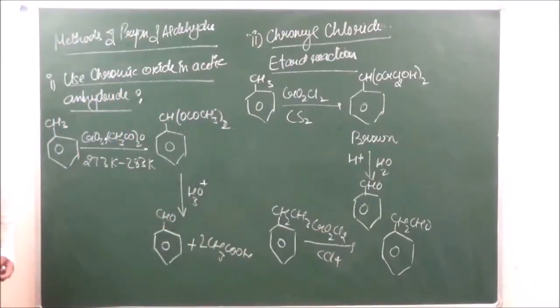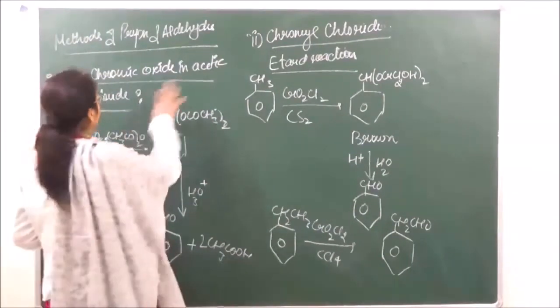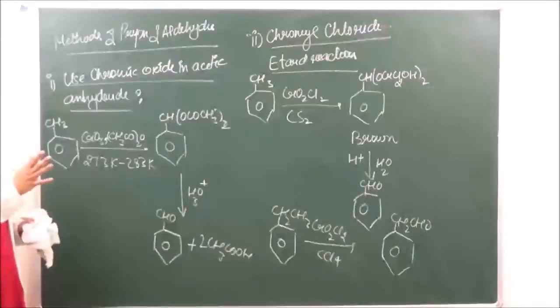Then we have the third reaction, side chain chlorination followed by hydrolysis. So we have done two methods to stop the reaction at CHO.